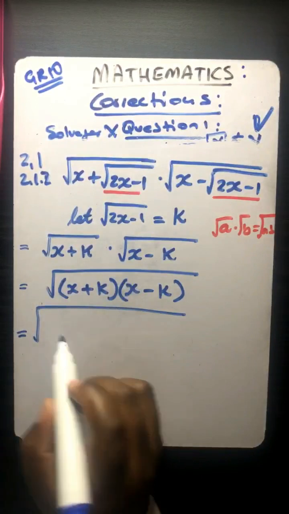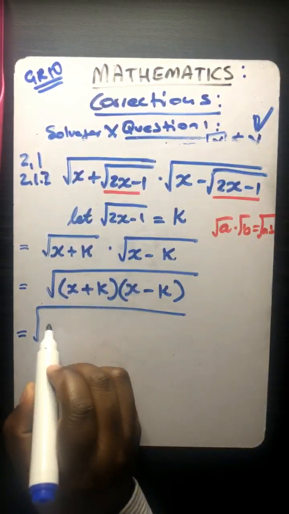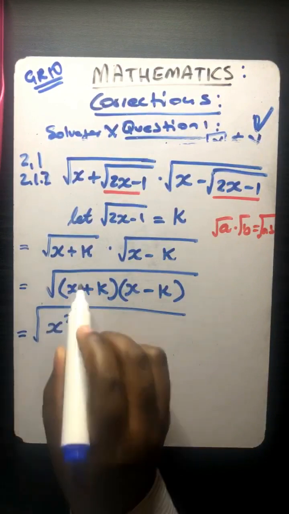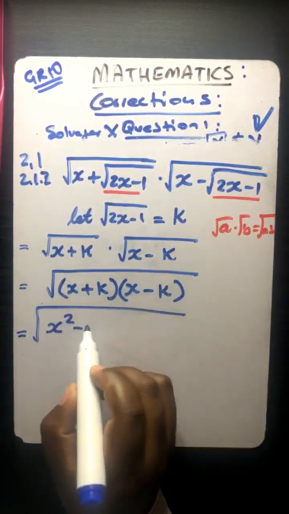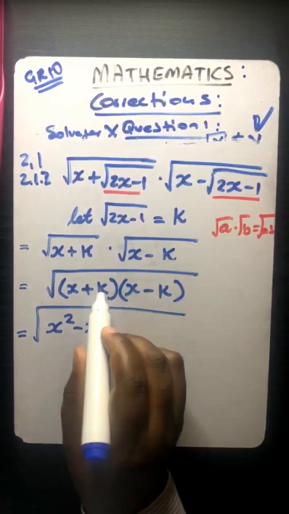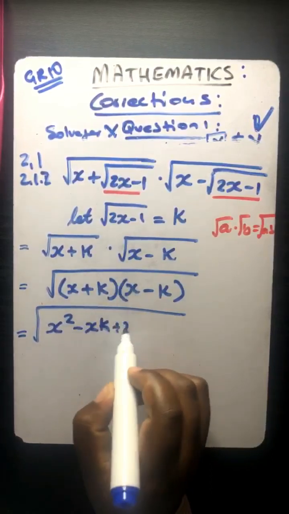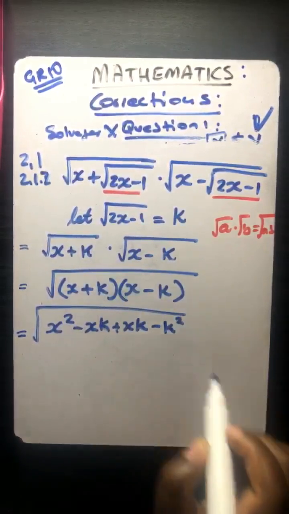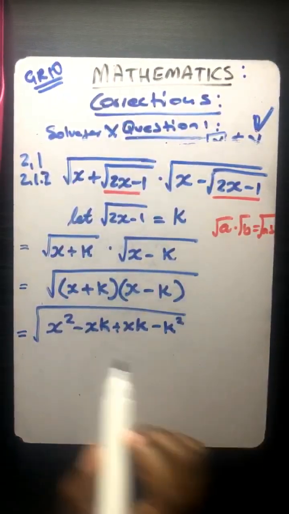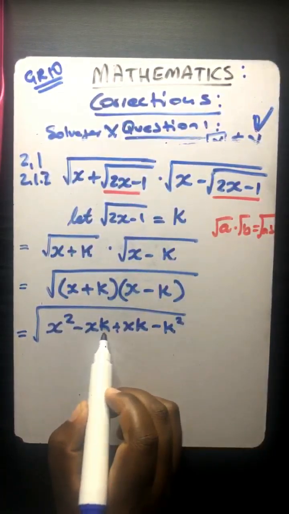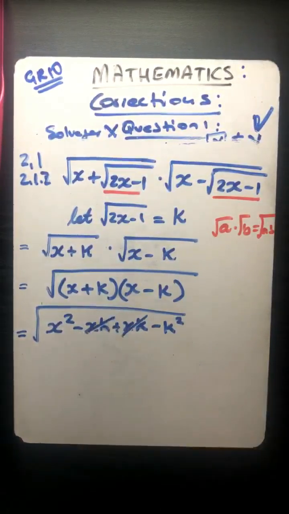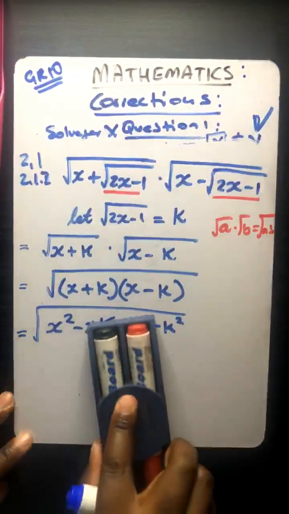What exactly is that? I think it is x squared. What is that by that? It's negative xk. What is this times this? It's positive xk. What is that times that? It's negative k squared. Can you see that negative xk plus xk cancel each other out? Then let me just remove them there.